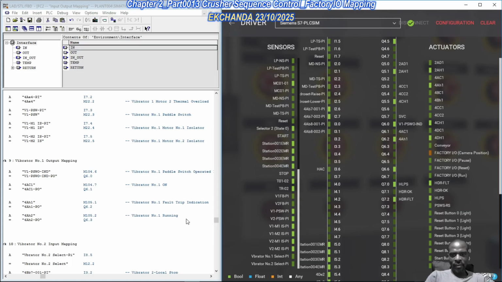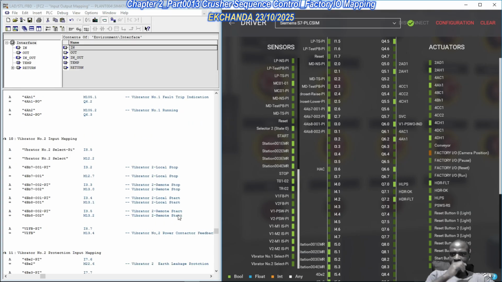Okay, then we move on to vibrator number 2 mapping. For vibrator number 2 input mapping, we've already dealt with vibrator 2 select. So this is supposed to be mapped to input 8.5.